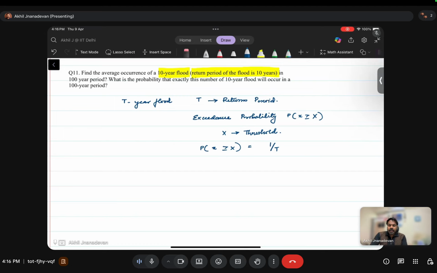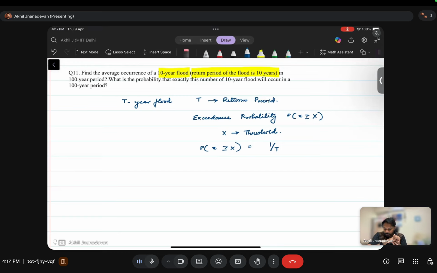A flood with a higher return period has a larger magnitude. A 50-year flood is very high in magnitude, among the rarest events, occurring only after 50 years. A 10-year flood has slightly lesser magnitude, so it has a better chance of occurrence. That is the relation between return period and exceedance probability. I hope that is clear.